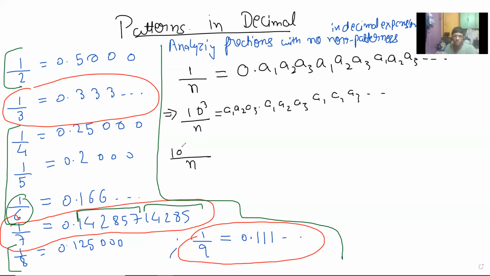It means that n divides 10 cube minus 1, because the difference is an integer. So are we able to say something now? Yes, otherwise it will not be an integer.